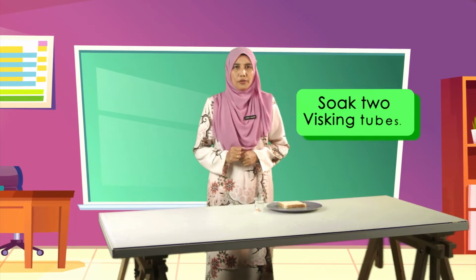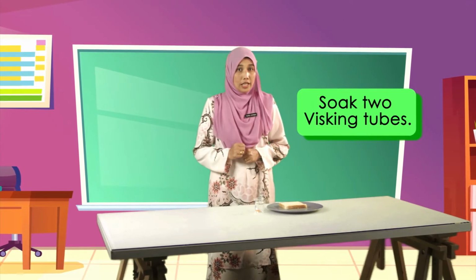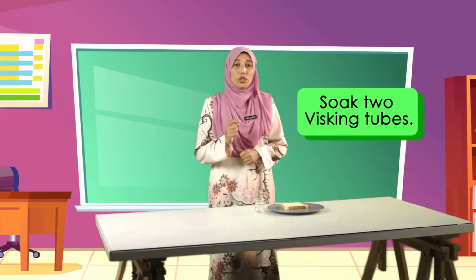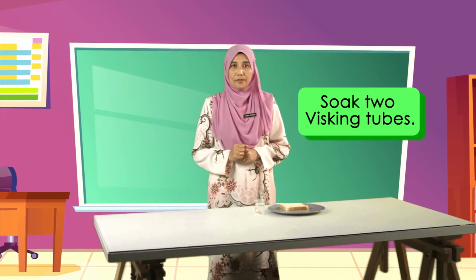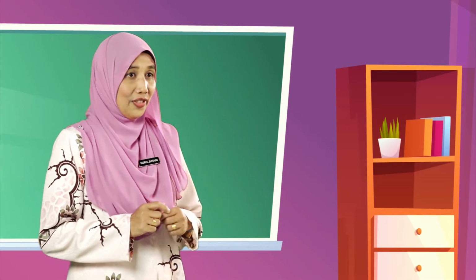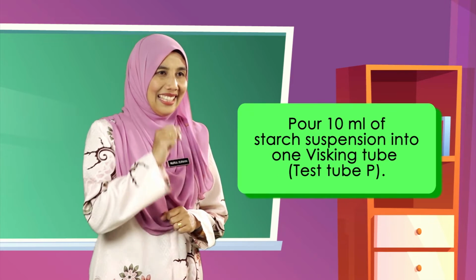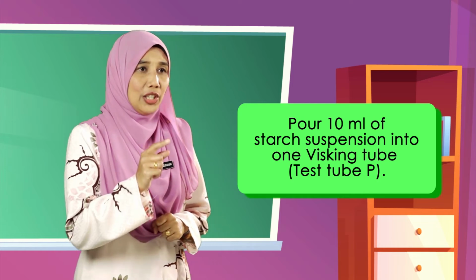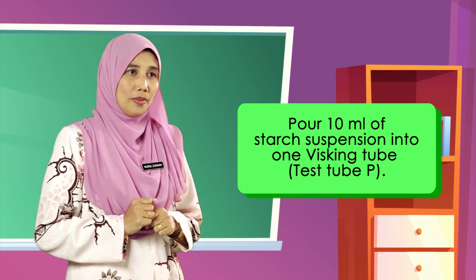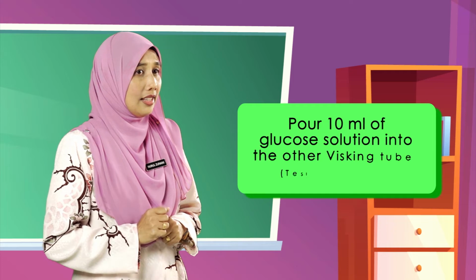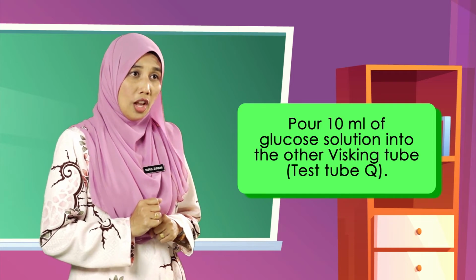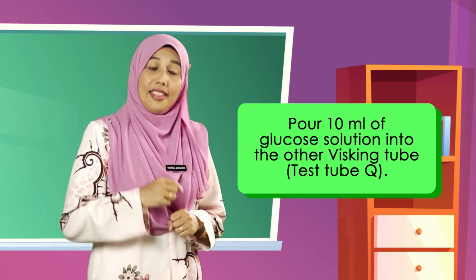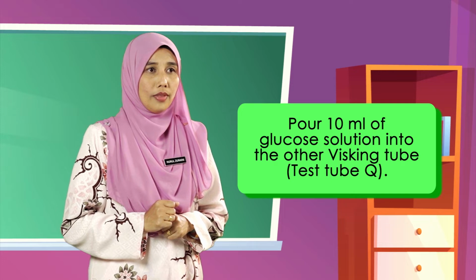First, you have to soak 2 whisking tubes in the water to soften them. Then, after tying up one end of both whisking tubes, pour 10 milliliters of starch suspension into one whisking tube and 10 milliliters of glucose solution into the other whisking tube.